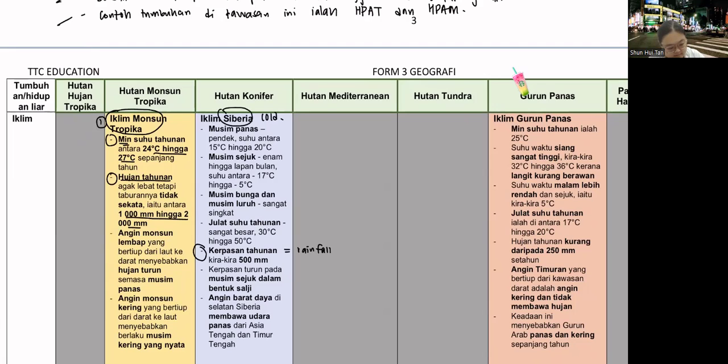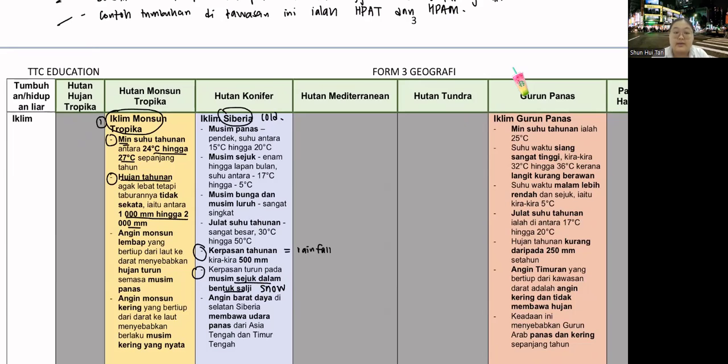And then musim sejuk salji. That's why you have hutan konifer. That's why the hutan konifer grows there because of very little rainfall, and then they have a lot of snow. They are snowy. They actually have snow in the winter. That's why they have such plants.